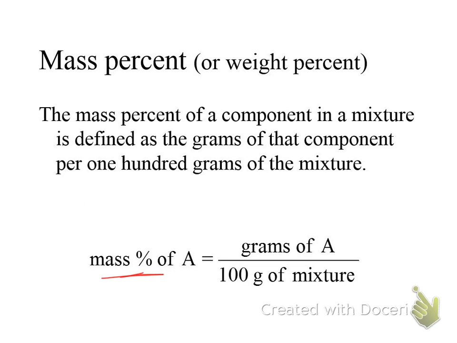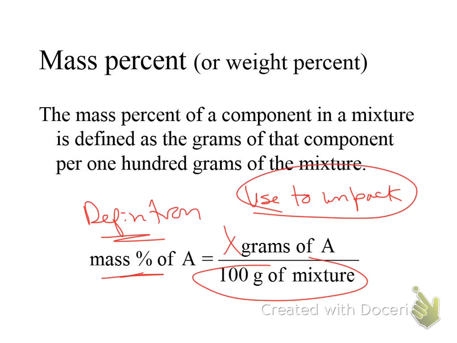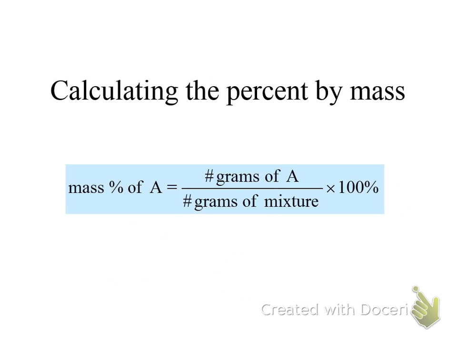Specifically, this is the definition of weight percent: it means that you have X grams of your component of interest, component A, per 100 grams of mixture. This is how you unpack weight percents. This next one, though, is how you calculate weight percents.